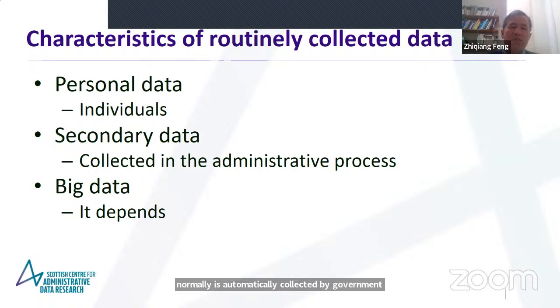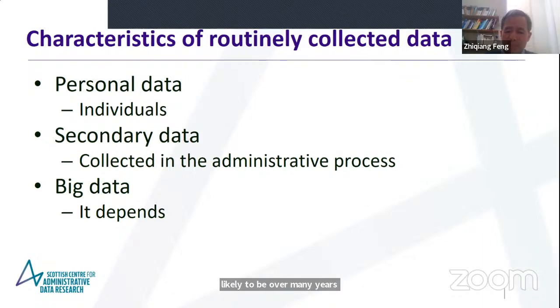And in terms of the size of the data, even the hospital admission data could include millions of people, or even tens of millions of people for England or Scotland. And the data is likely to cover many years. So it is still a huge data set.